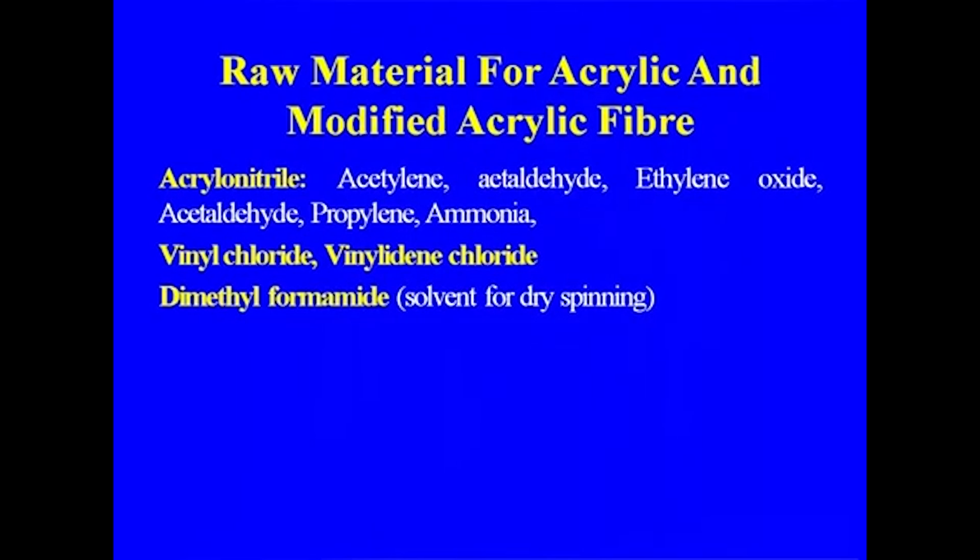Vinyl chloride and vinylidene chloride are needed in case of the modified acrylic fiber, and dimethyl formamide is the solvent we are using, because earlier wet spinning was used for the acrylic fiber, and now we are using dry spinning.